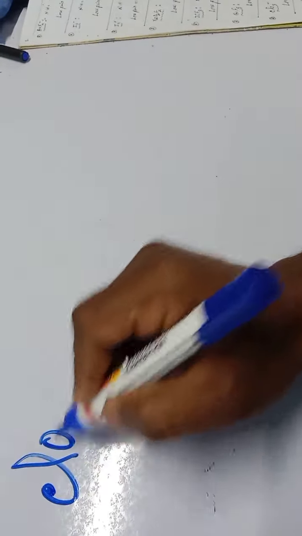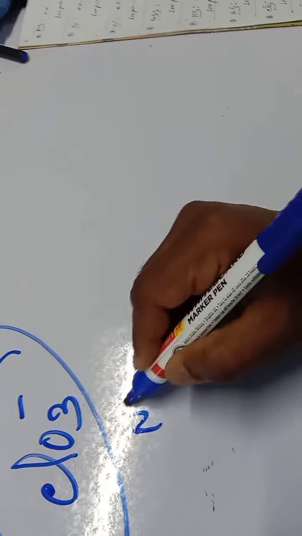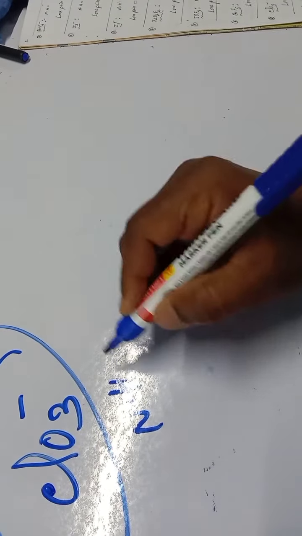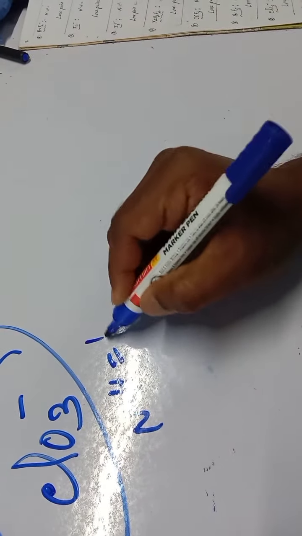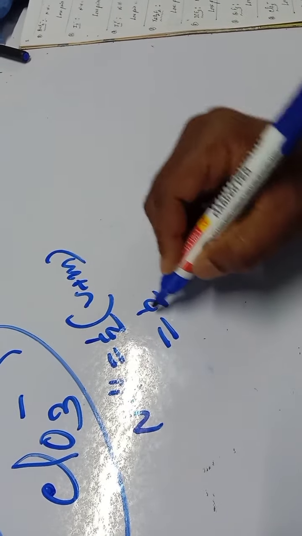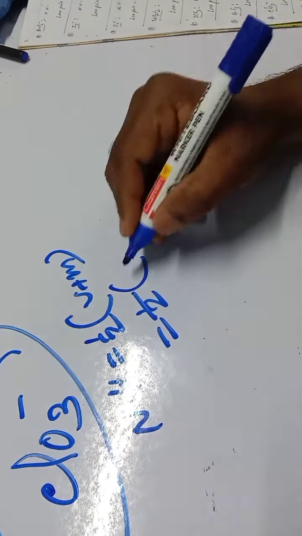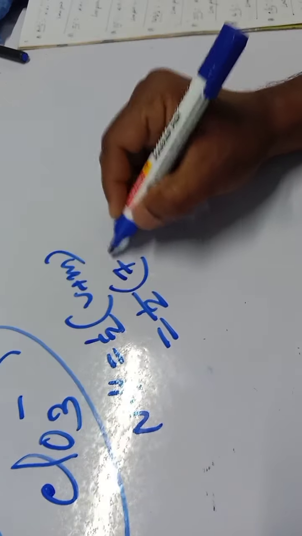Okay, my dear viewers. Next part, ClO3 minus. First, the central atom. NH, number of hybridization, equal to half of V plus M. Half V, that is a halogen, group 17 element, valence electron 7.